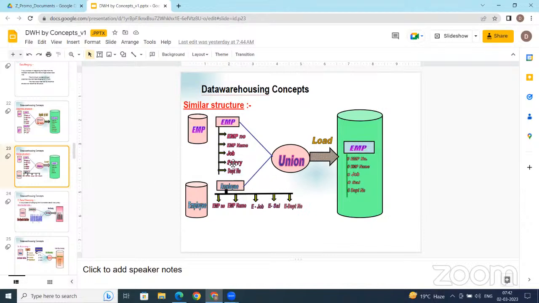If we want to combine these two files into a single resultant, we use a union, and make the result a single resultant.